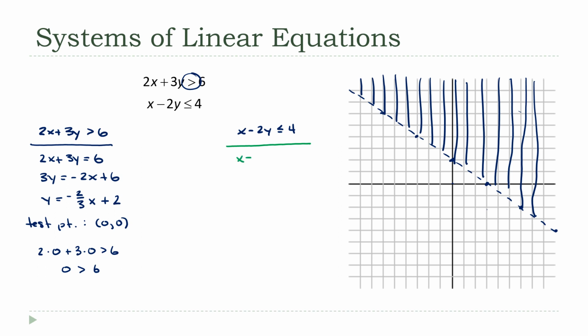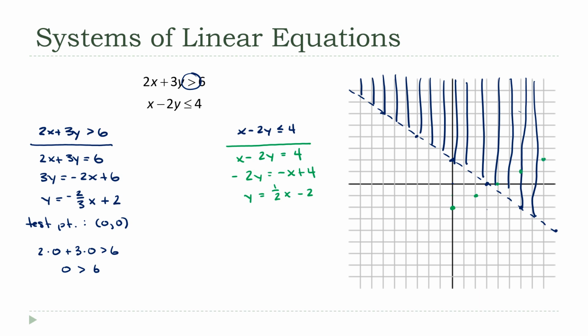I'm going to make x minus 2y equals 4. And I have to graph this, so I'm going to do minus 2y equals minus x plus 4. And y is equal to positive 1/2 x minus 2. So minus 2 is down here. And the slope is 1/2, so I'm going to go up 1 over 2.